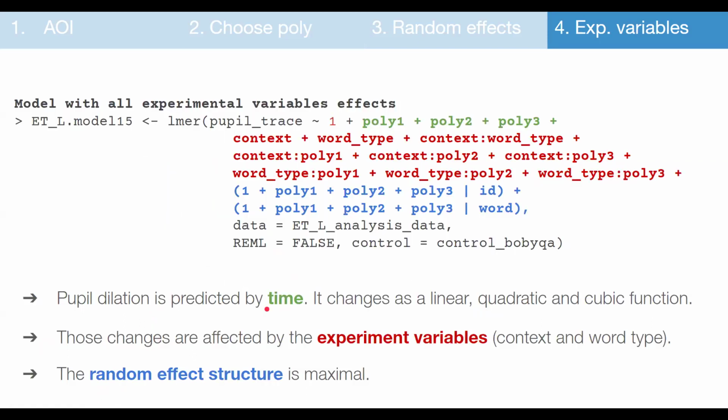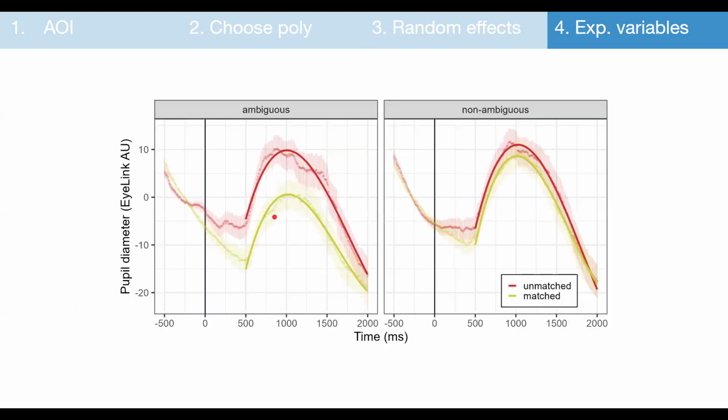So if we plot the predictions of this model and we plot the real data as points, what we see is something like this. We have a plot for the ambiguous words. We have a plot for the non-ambiguous words. The 0 here is the moment when they listen to the ambiguous or non-ambiguous word.